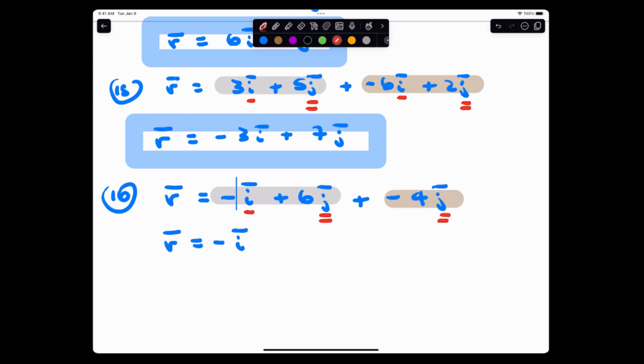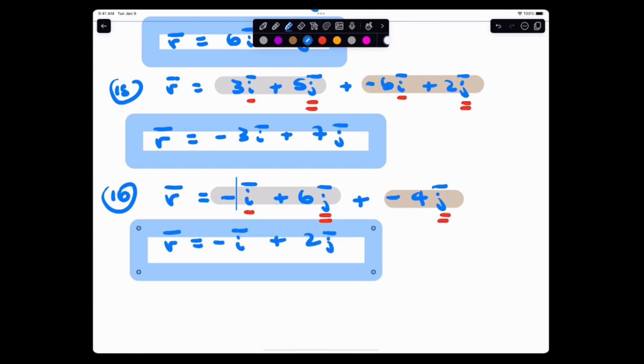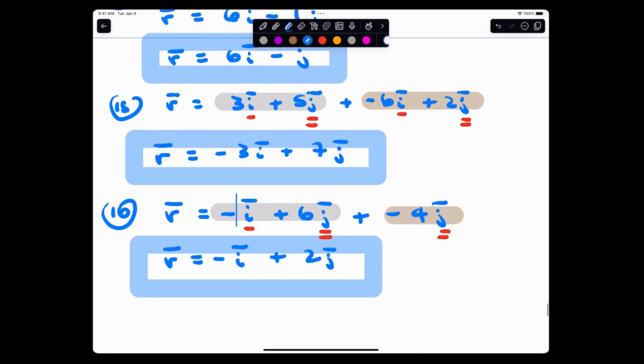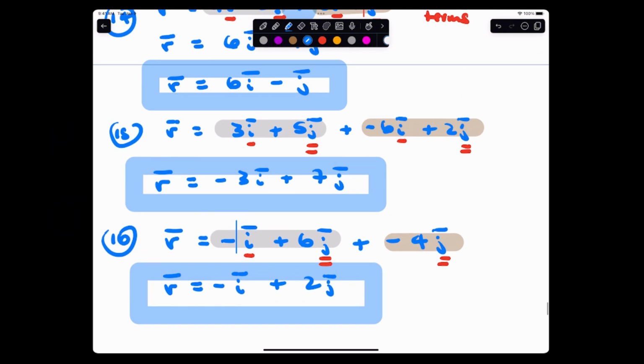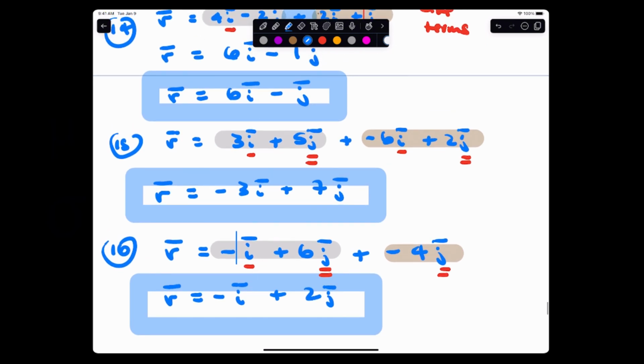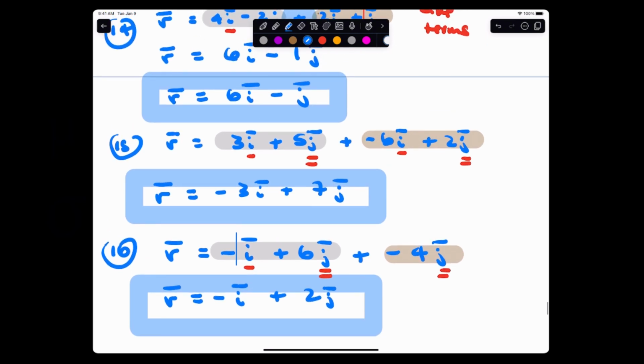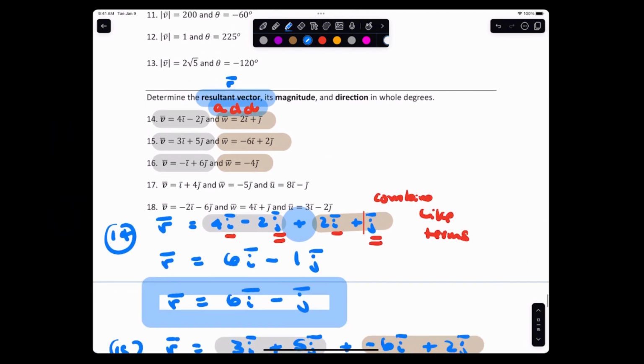What's this? I can combine the j's. What do you get now? 2j. Good. Easy peasy lemon squeezy. What do you think happens when you have 3 vectors?